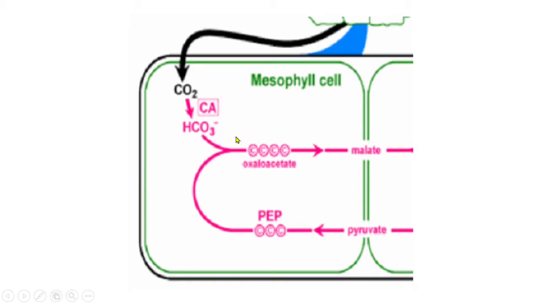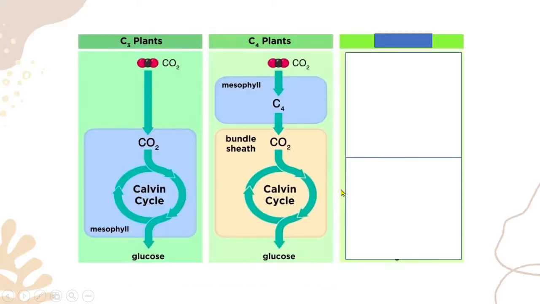Since the carbon dioxide is already inside the oxaloacetate, it will simply transform to malate, and then it will donate the carbon dioxide towards certain cells in order to increase the concentration of carbon dioxide. So that's the most important thing, which is the formation of a 4-carbon molecule.